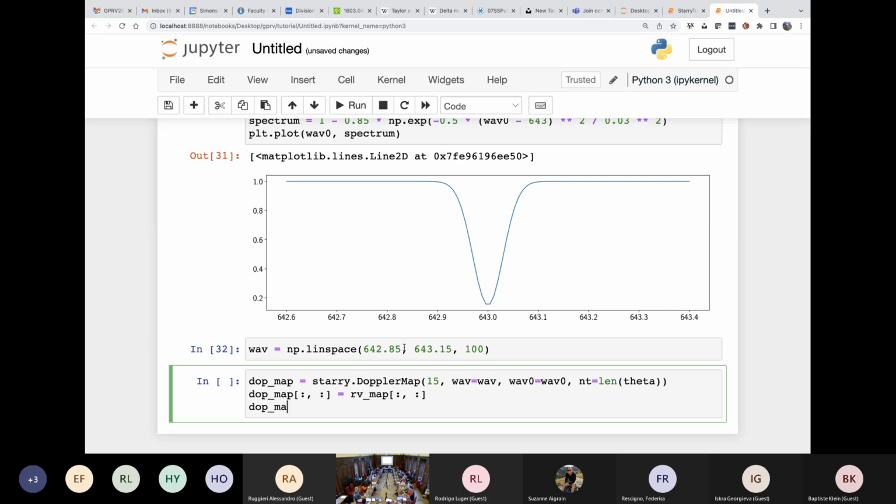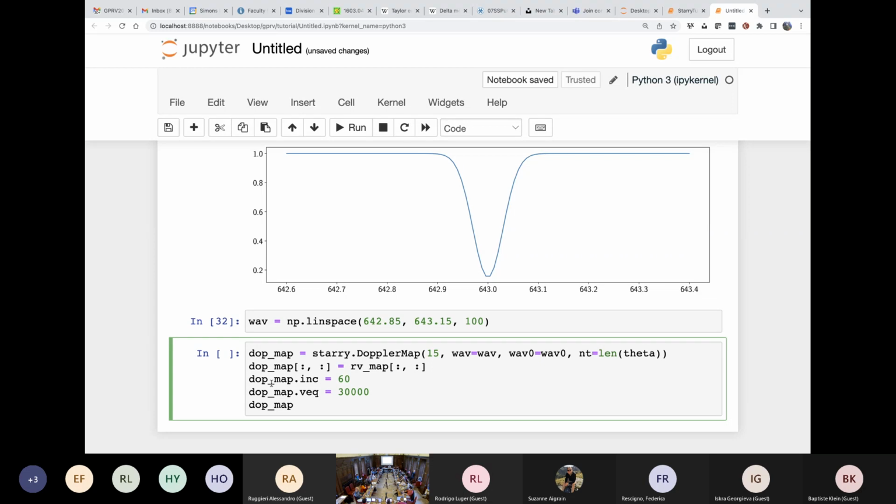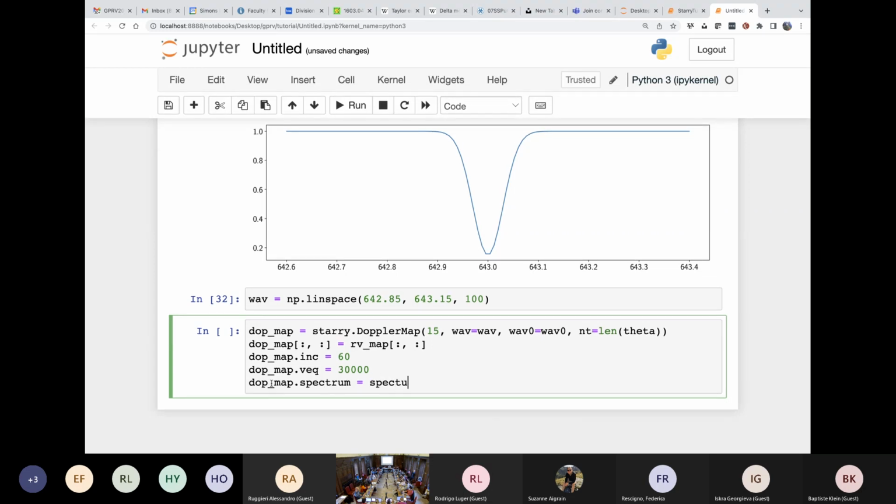I'm also gonna give it an inclination like before, 60 degrees is my favorite. Again, I'm going to give it an equatorial velocity, 30,000. And then finally, I'm gonna assign the spectrum that I defined up top.